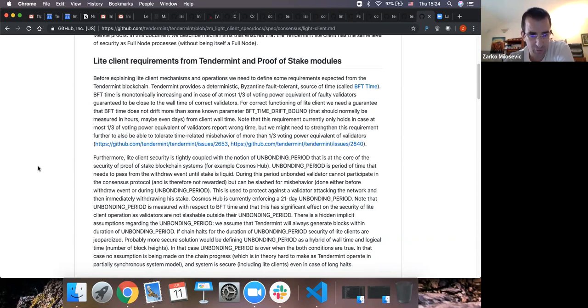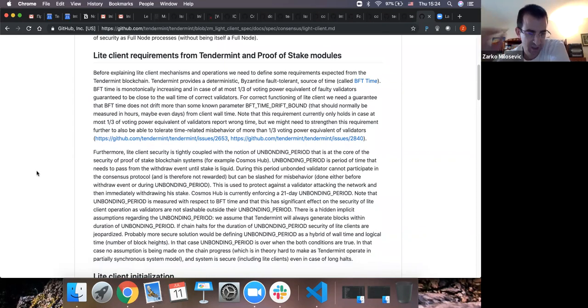And so that's why, from the point of view of when you withdraw your stake, we assume that there is some period of time during which we have time to maybe catch some bad behavior and then have time to execute and process it. And this is something where I'm not sure that this is the best idea, defining the unbonding period with respect to only time. There have already been some discussions on GitHub about whether it makes sense to have this as a hybrid, a mix of time and heights, consensus heights or block heights.